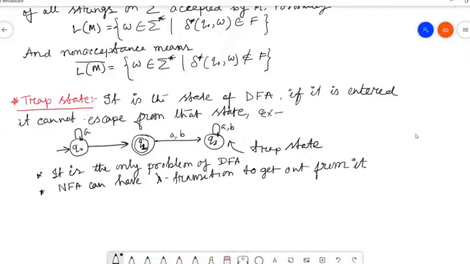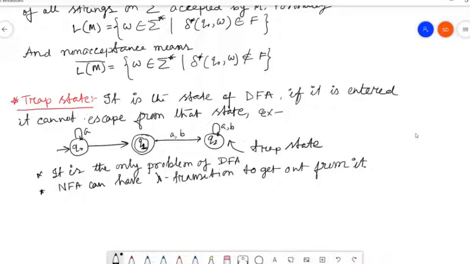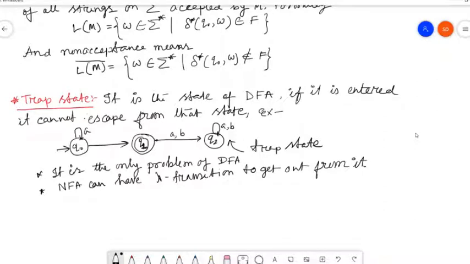In this diagram, we can see that the final state Q1 takes a transition from Q1 to Q2 for input symbol A B, but upon reaching Q2 it is stuck there, so there is no transition from here. It is a problem of the deterministic finite acceptor because there is no existence of lambda transition in a DFA. For the NFA, we can have a lambda transition and can go out. So there is no concept of a trap state in an NFA.